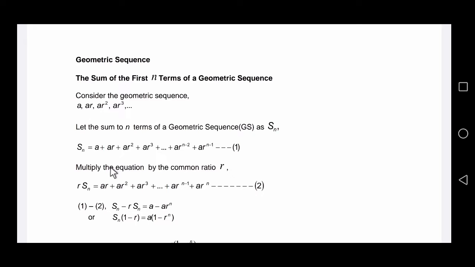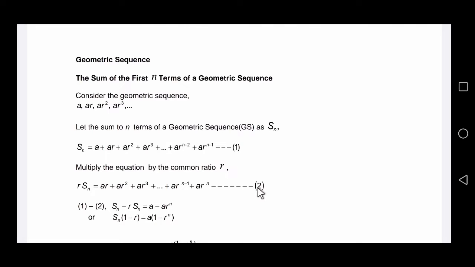Next, you must multiply this equation by the common ratio r. So you will get rSn equals AR plus AR squared plus AR cubed plus so on plus AR to the power of n minus 1 plus AR to the power of n. Let's define this as equation 2.